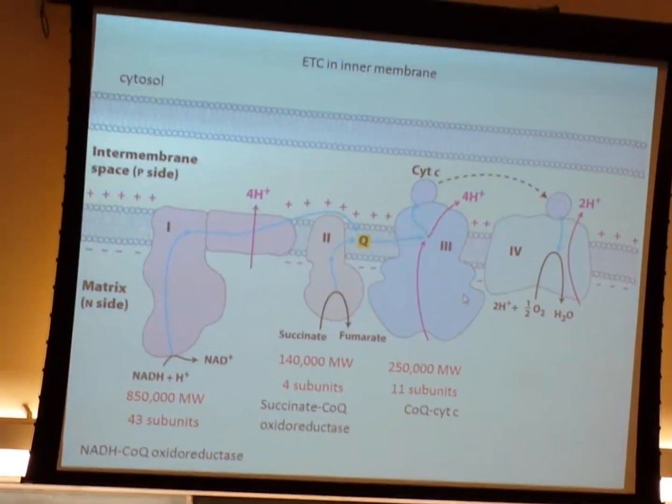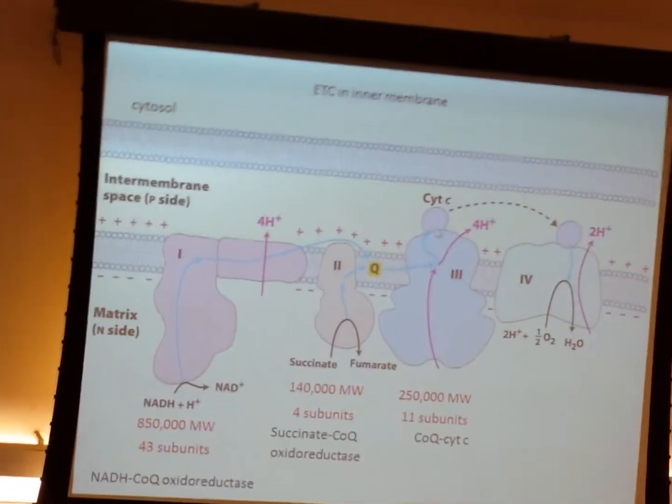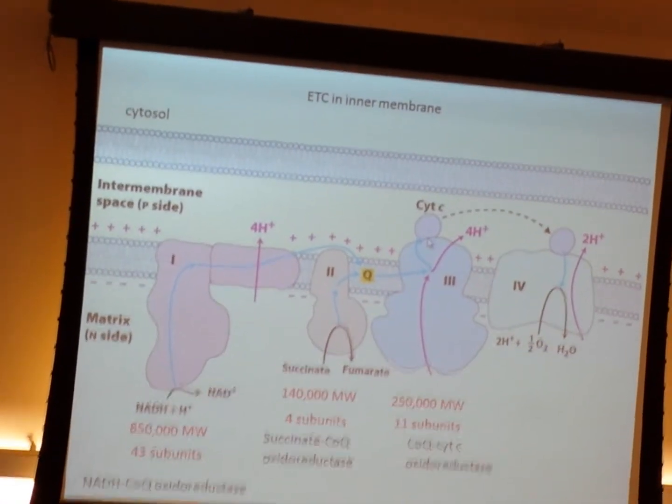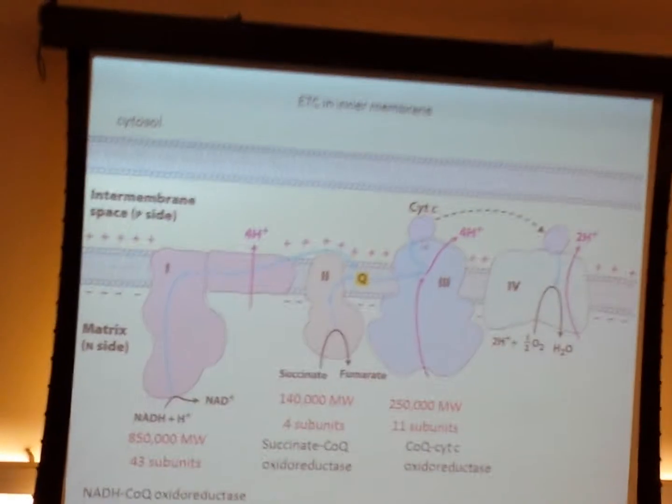Okay, let's finish. This guy here, the guy with 2 caverns, complex 3, is going to transfer electrons onto cytochrome C. So there's an enzyme active site right up here. There's really 2 active sites.